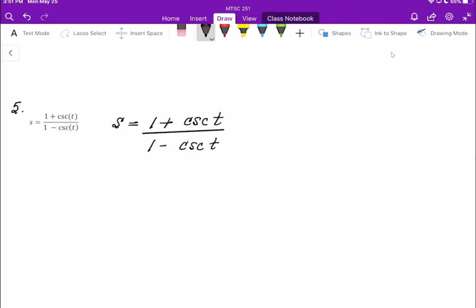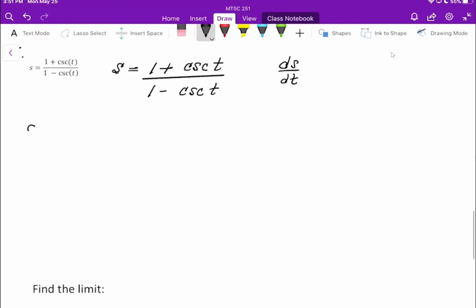And now we want to find ds dt. So ds dt is going to be the bottom, 1 minus the cosecant of t times derivative of the top. Derivative of cosecant is minus cosecant t cotangent t.